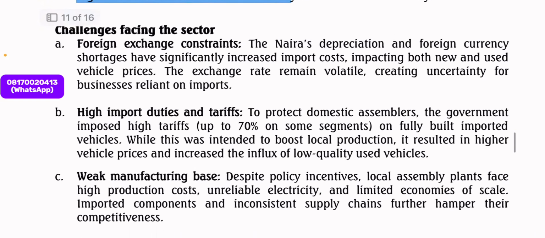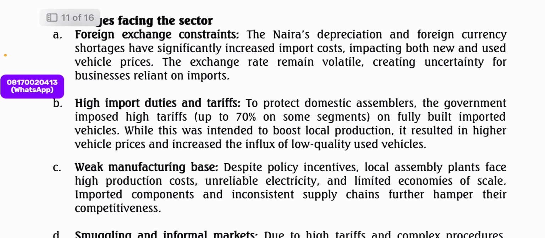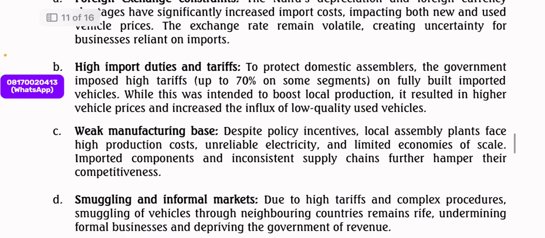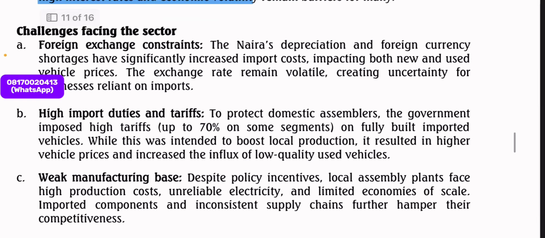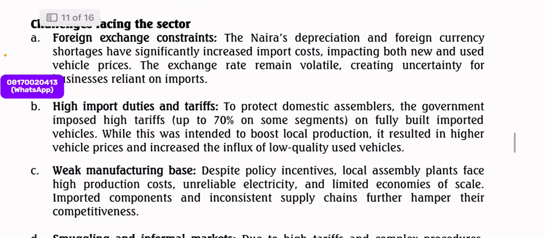Then we have challenges as well: foreign exchange constraints, high import duties, weak manufacturing bases, smuggling as well. You understand? So all these things have caused issues in the sector. Most of these cars are imported, so foreign exchange and all of that has affected the prices of these vehicles, and the exchange rate is volatile.